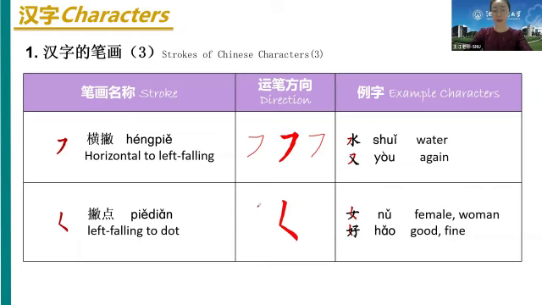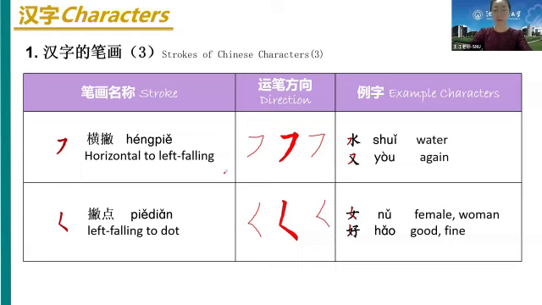Let's write it together. Please write after me. Left falling to dot. That is one stroke, but it is a compound stroke. It is made of left falling and a dot.